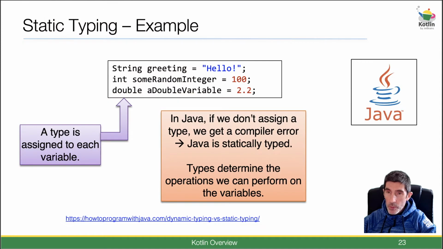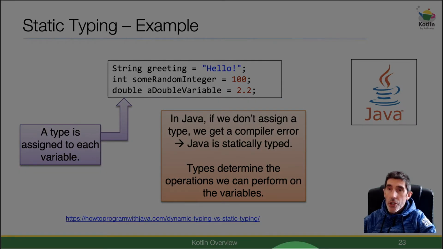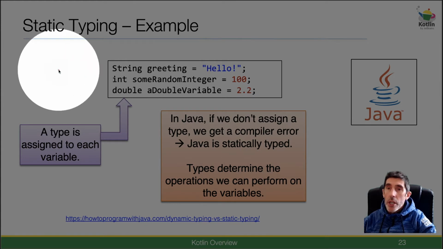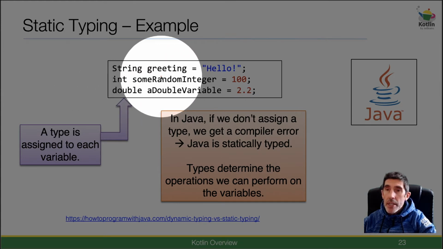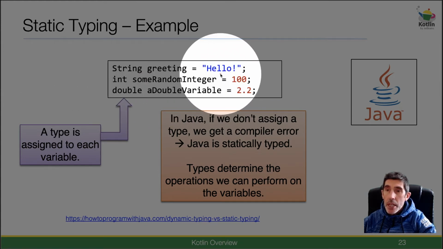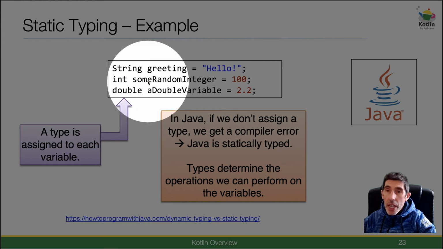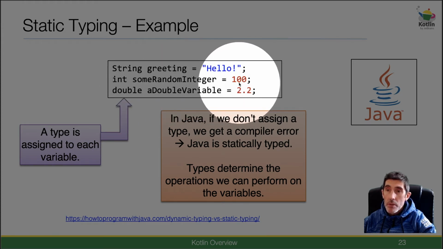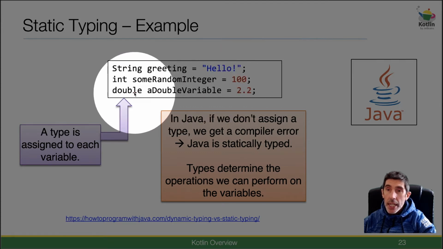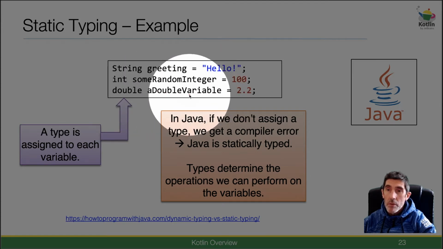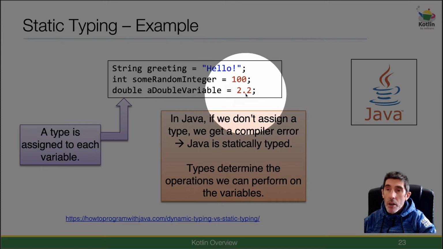Just to look at some examples here, if we look at our Java, we could declare a basic string greeting, give it a value of hello. We might declare an integer, some random integer, and assign it a value of 100, and then declare a double variable with a value of 2.2.